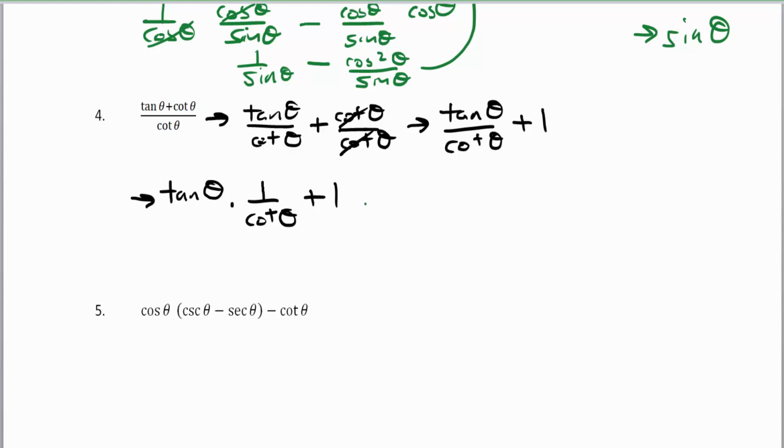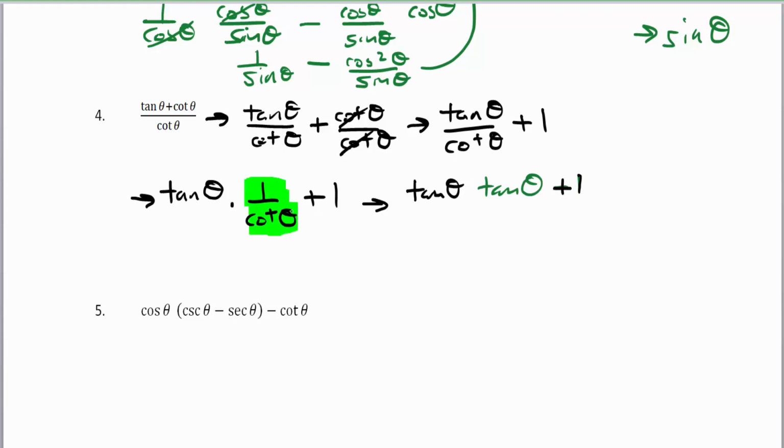Now, we know from the reciprocal property that 1 over cotangent theta is just tangent theta. Whoops, I don't need the square there yet. I got a little ahead of myself, but you see where I'm going. Now, this green tangent theta, I want to show you where it came from.